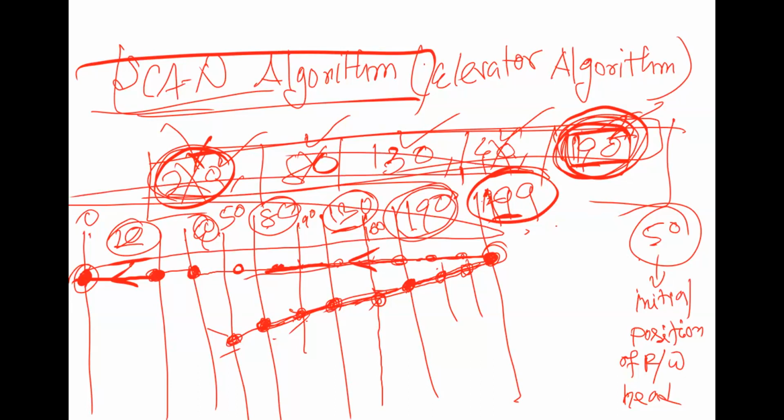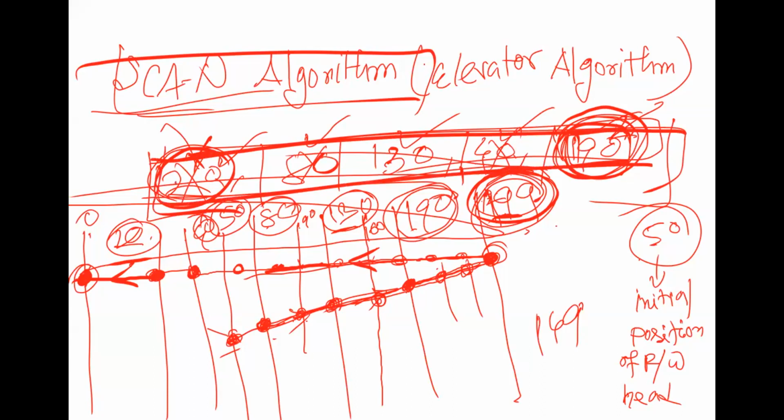So how many track movements are there here? It is very easy to calculate. Here the initial head is 50 and the end is 199. To fulfill this request, you need to calculate till here, then you fulfill this request.